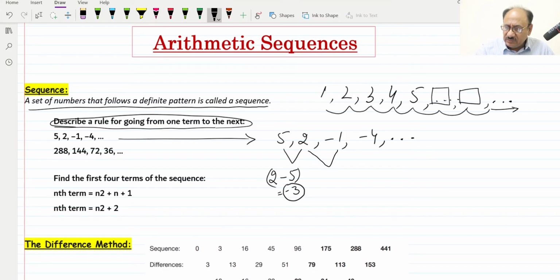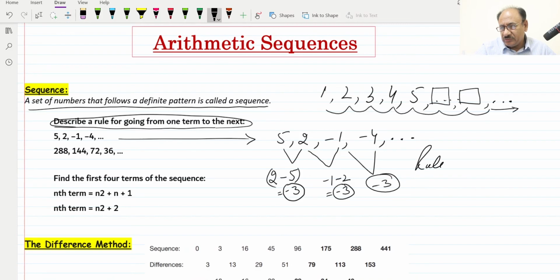Similarly, if we check the second and third term, -1 minus 2, this again results in -3, and the next terms also result in -3. So we found that this is known as the common difference. The difference is -3. So the rule is: subtract 3 to get the next term.